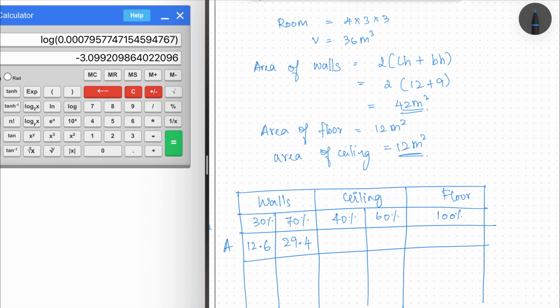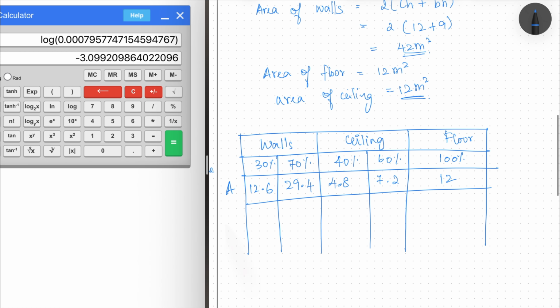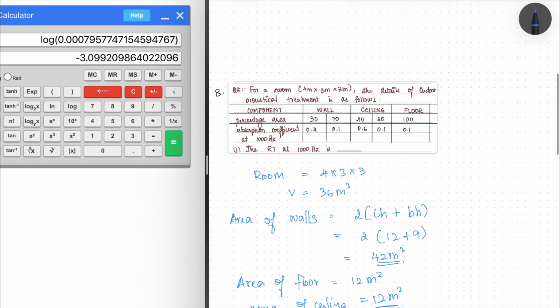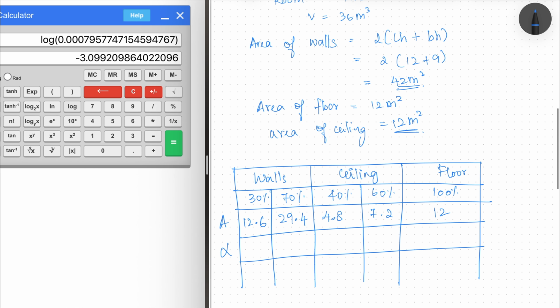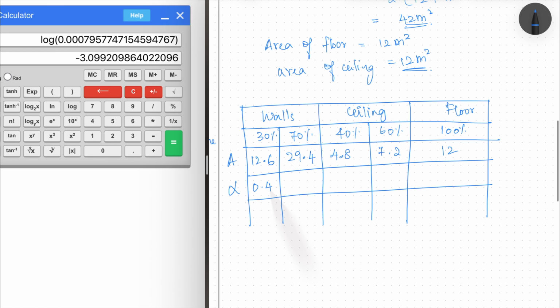So 40% of 12 square meter is 4.8 square meter, and 60% of it is 7.2, and this is 100%, so you'll just write it as 12. Then they given the absorption coefficient in the question, so it's 0.4, 0.1, 0.6, 0.1, and 0.1.